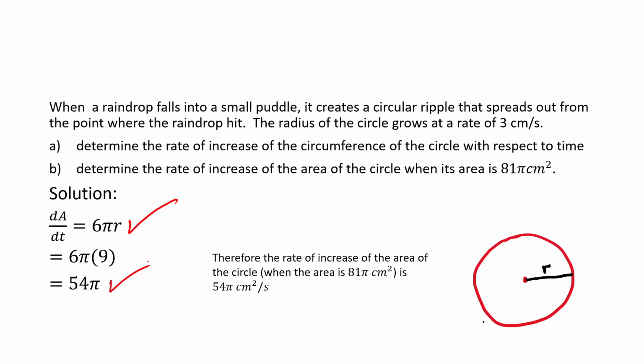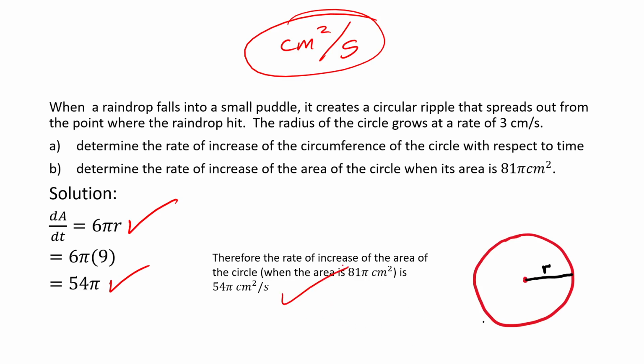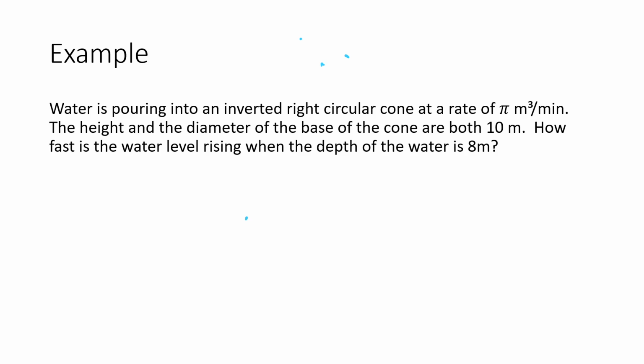We get 54 pi. We've been talking about centimeters the whole time, so area will be in centimeters squared, and seconds for time, so we can say centimeters squared per second. That is what we get for our rate of increase of area of the circle at that moment in time when the area is 81 pi centimeters squared.